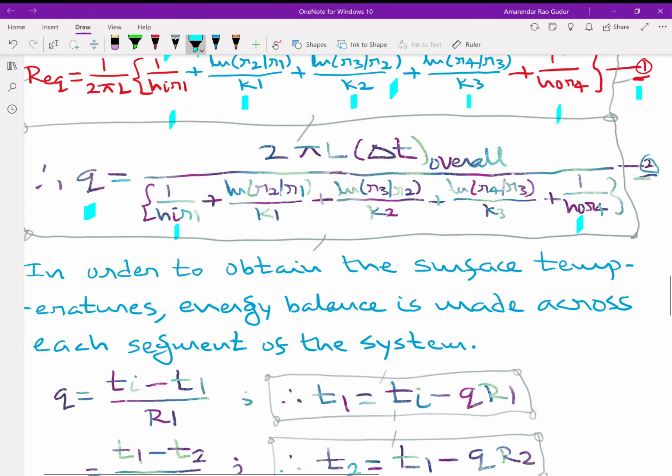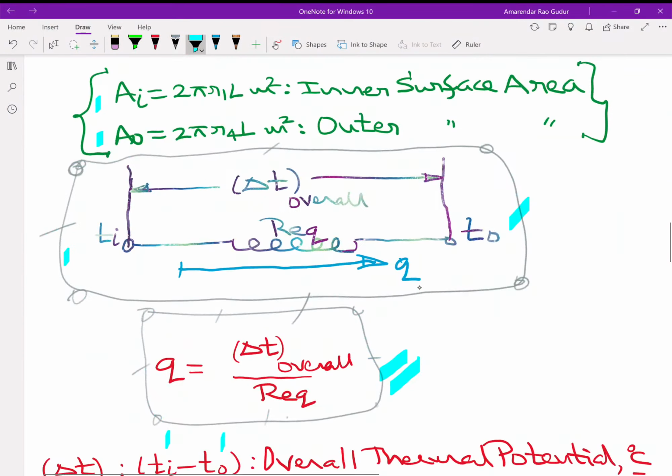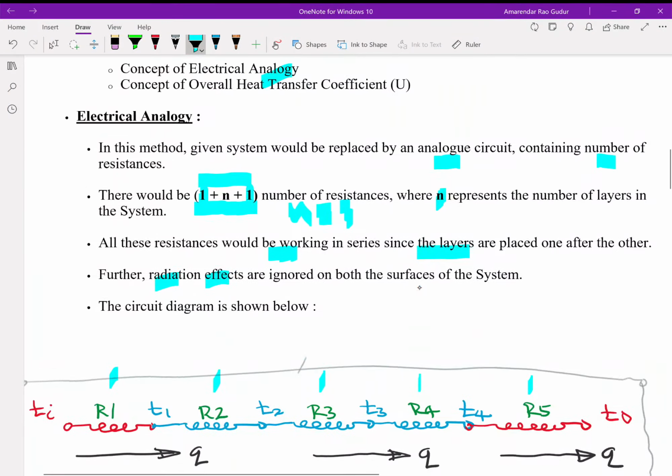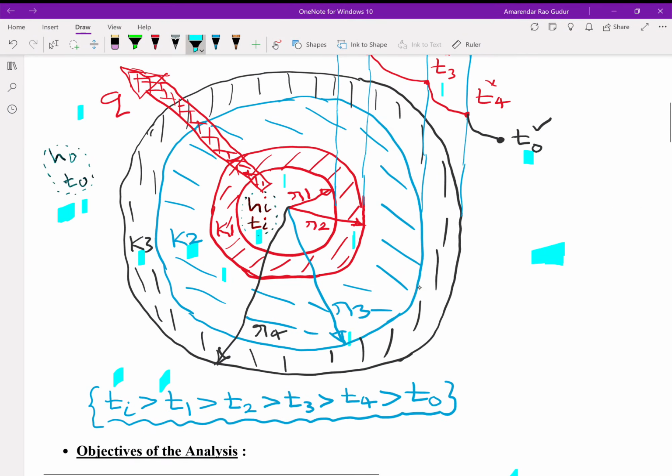Now we do the reverse engineering. In order to obtain the surface temperatures, we carry out an energy balance across each segment of the system, which means that Q should be equal to inner convection, Q should be equal to conduction through the first layer, Q should be equal to conduction through the second layer, and so on.